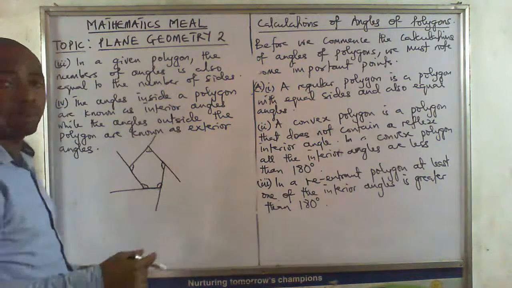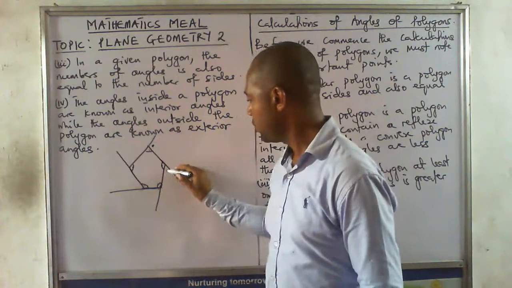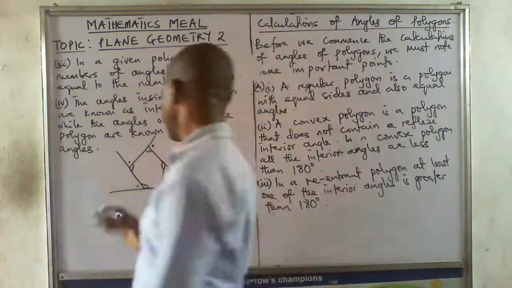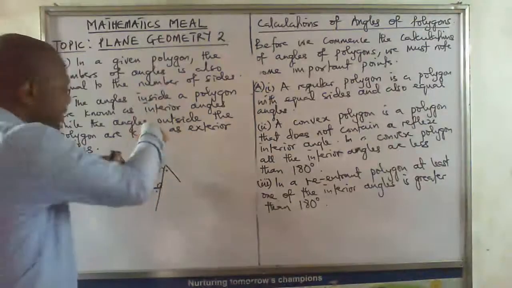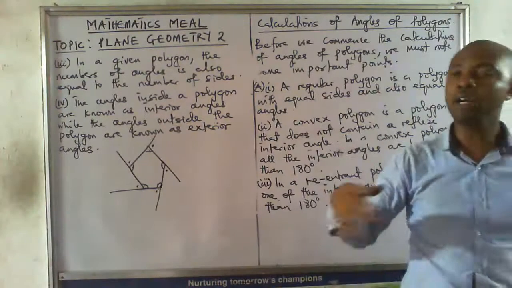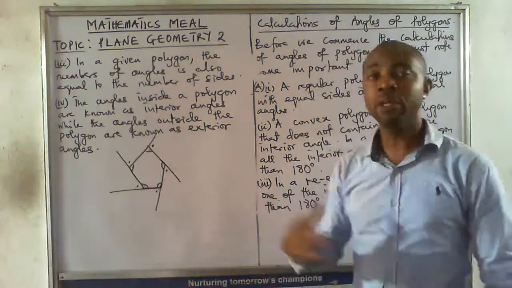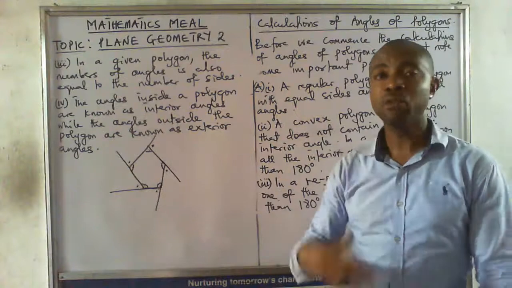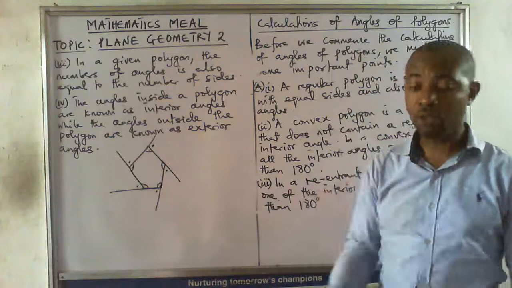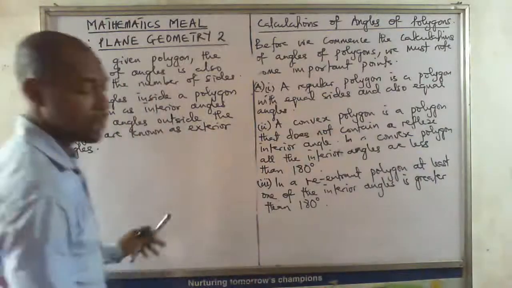They are inside the polygon, so they are interior. But these ones here, the ones I dotted, are exterior angles, because they are not inside the polygon. So we'll be dealing with interior angles and exterior angles. Once we are handling calculations in polygons, as far as angles are concerned, you will be hearing about interior angles and exterior angles from time to time. Okay, so that's all for the important points A.